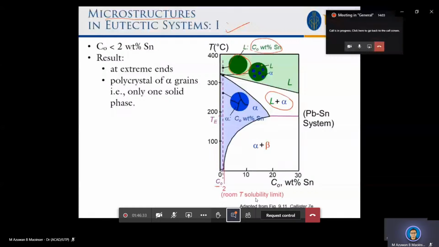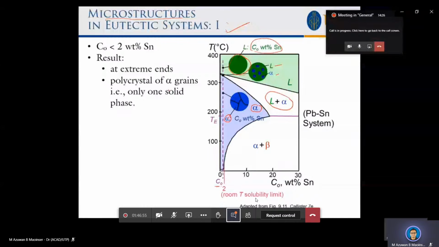So alpha timbul sekejap, keluar sikit alpha, and you must label, this is alpha and this is liquid. And then when you reduce the temperature further into this region, this is 100% alpha. Therefore, you now have green boundaries, and this is alpha. You label alpha. Okay, and then habislah.